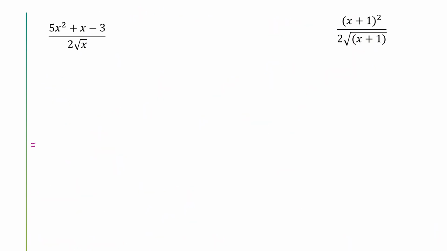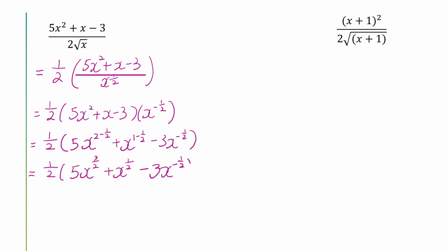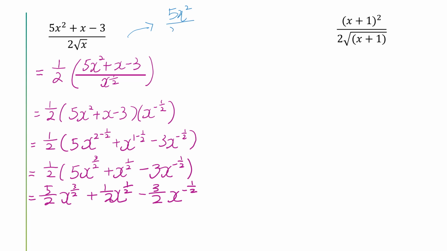Likewise, we're just going to separate it into individual terms. Or we can just do it this way: 5x squared over 2 square root x plus x over 2 square root x. I think this way is easier. I would prefer this one.